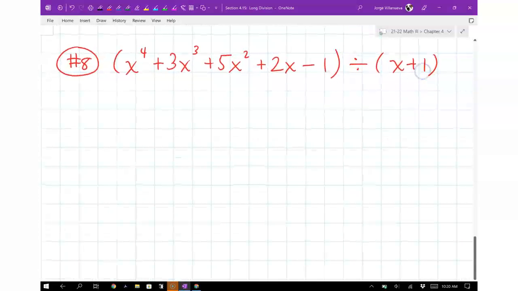So here's number 8. The rest of the problems in the homework are shorter than that. Okay, we did 2 of the longer ones. The one we just did was pretty long. This is the longest one. Number 9 is, I think, just 2 terms dividing by 2 terms. So that was pretty quick.